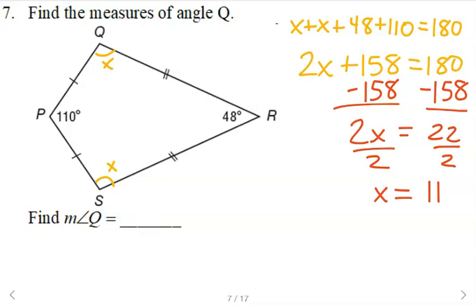Oh, I'm sorry. I set that equal to 180 instead of 360 for a quadrilateral. Let me fix that. 360 for a quadrilateral. 360 minus 158 is 202. Much better. Yeah, 202.